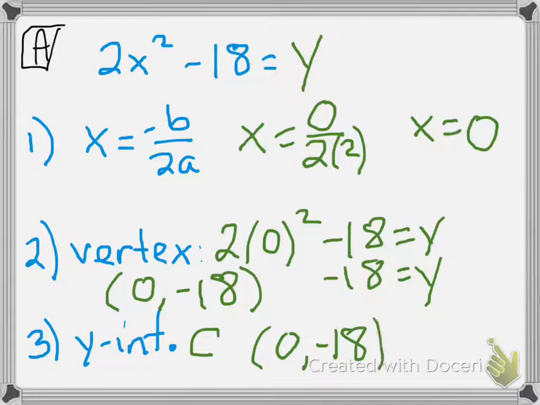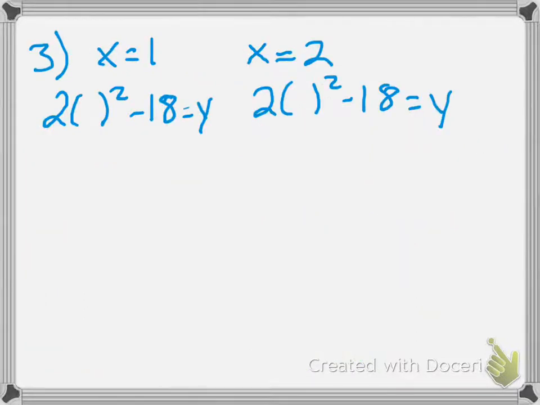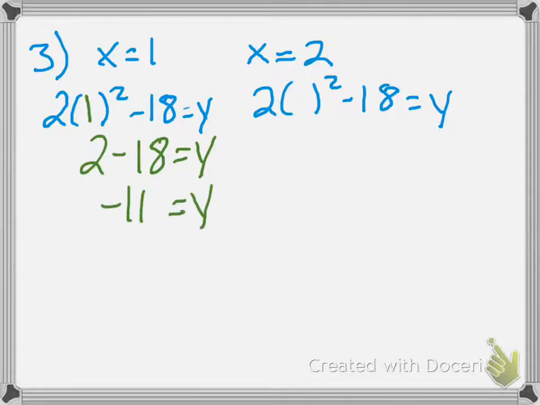Same point. Step 4. Choose 2 extra points for x. I chose x equals 1 and x equals 2. Taking our quadratic equation, 2 times x squared, now it's 1 squared, minus 18 equals y. 1 squared is 1, 2 minus 18 equals y. Y equals negative 16.